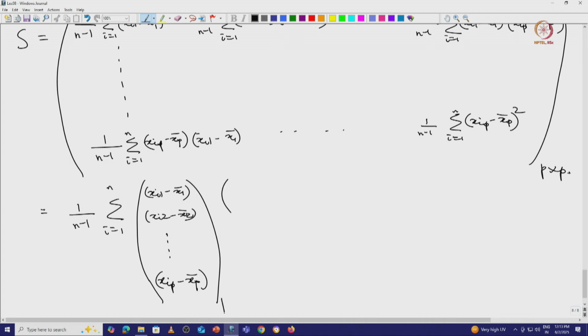So, this is of size p by 1, the row vector is of size 1 by p. So, that is also (x_i1 minus x1 bar), (x_i2 minus x2 bar) and so on up to (x_ip minus xp bar).